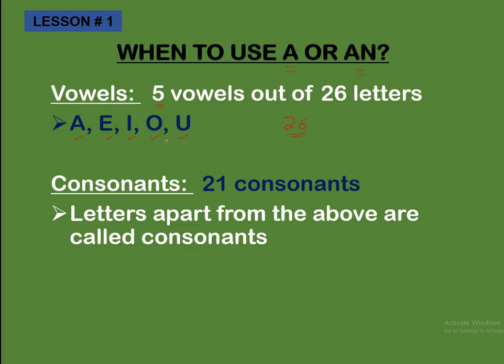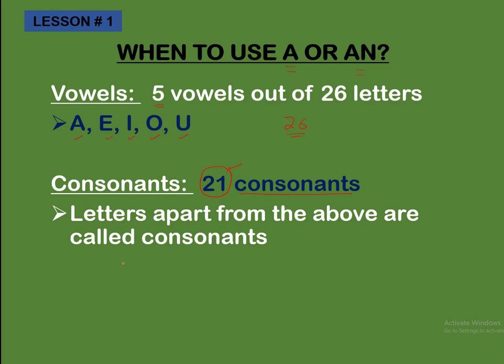Apart from these 5 vowels, 21 letters are remaining. Now these 21 letters remaining apart from the vowels will be called consonants.